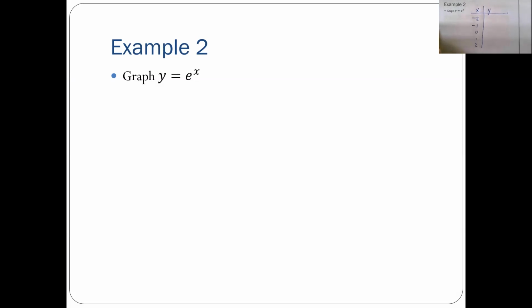And then we're going to find the corresponding values for y, which will be e to the -2, e to the -1, e to the 0, e to the 1st, and e to the 2nd.